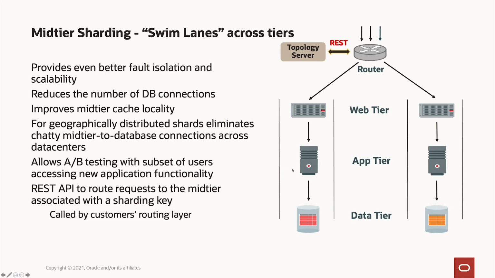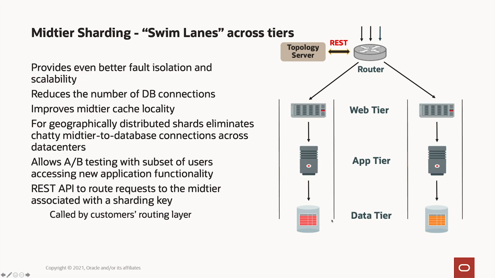So we provided them something called a topology server, which is a REST API we can call to identify how the data is placed across the different shards. With that configuration, the front-end routing tier, be it a load balancer or an API gateway, routes a request for a given sharding key to only a specific web server, which talks to only a specific app server, which talks to a given shard.